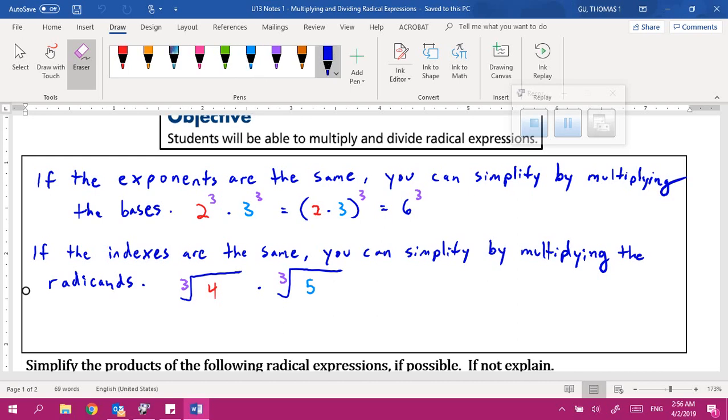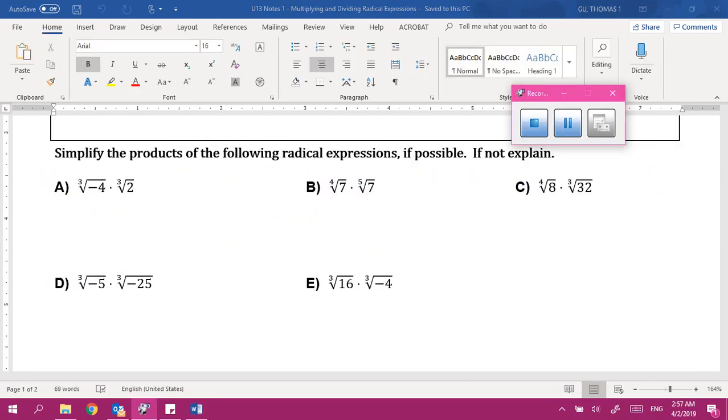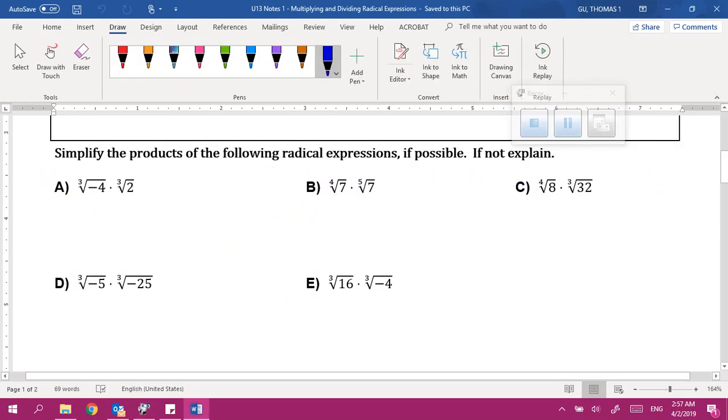So you can simplify by saying this is the same as the cube root of 4 times 5, which is the same thing as the cube root of 20. Alright, so let's try some examples using those two rules we just learned about.